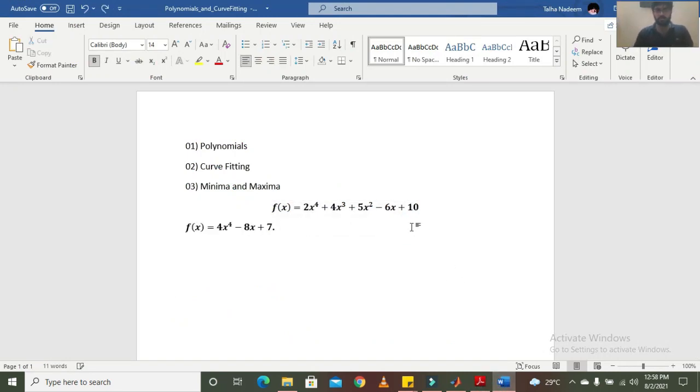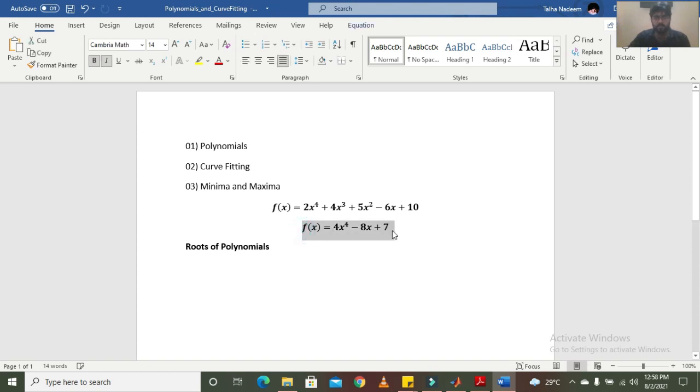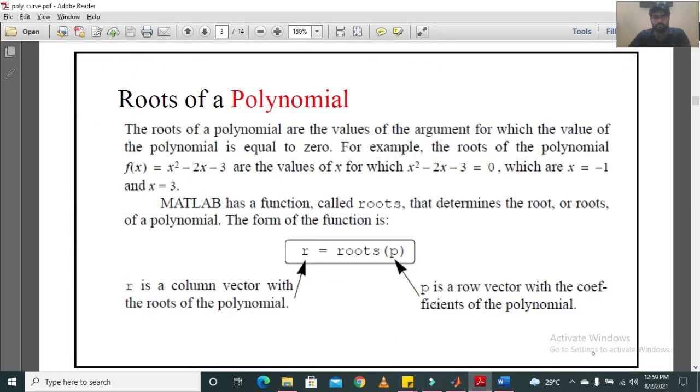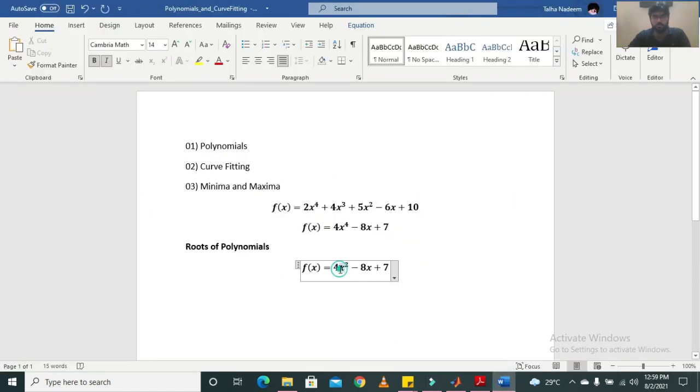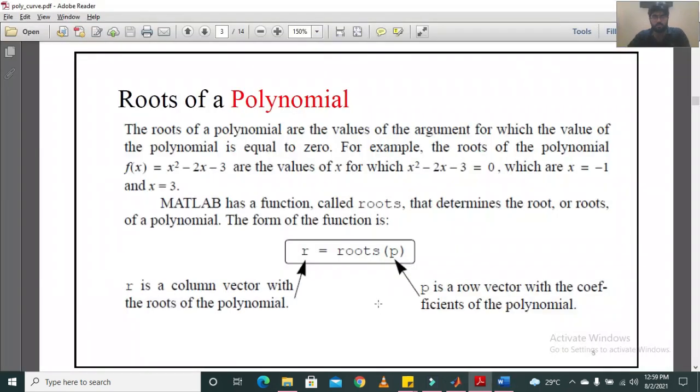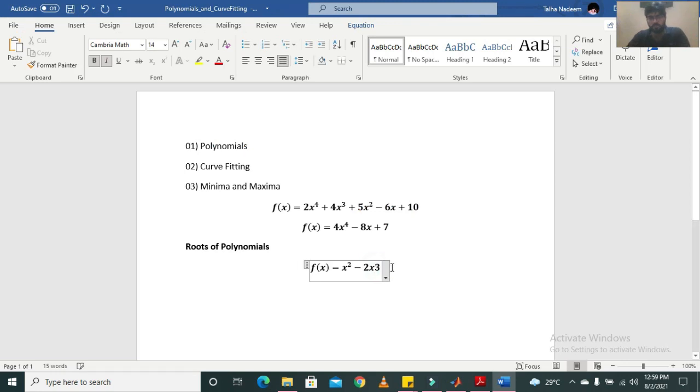Let's say, for example, I have this quadratic equation as a polynomial.